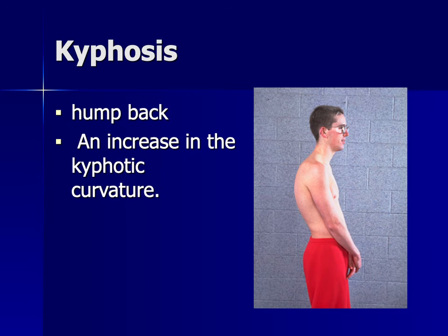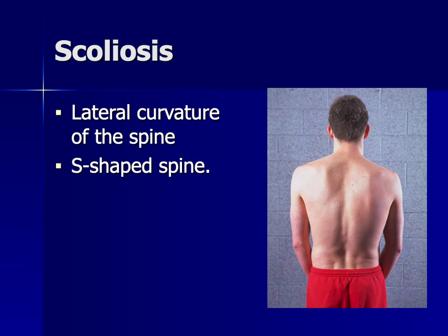We have kyphosis. This is called hump back. We have an increase in the kyphotic curve there at the upper back. Scoliosis is a lateral curvature of the spine, so we have an S-shaped curve for this. Just some things to be aware of.